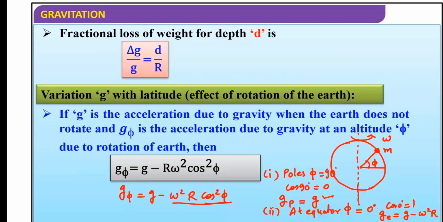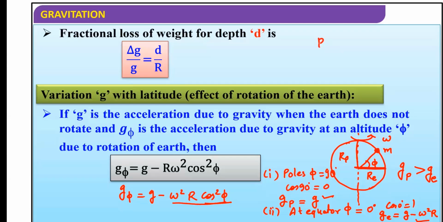Now from these two expressions we can simply observe gravitational acceleration at the poles is more than gravitational acceleration at equator. And the basic reason is the difference of the radius at pole and equator. At the poles, let's say radius is R_P, and at equator radius is R_E.